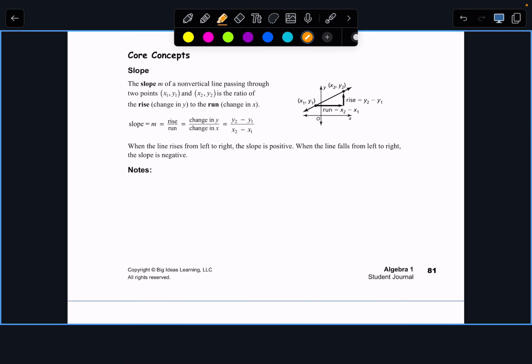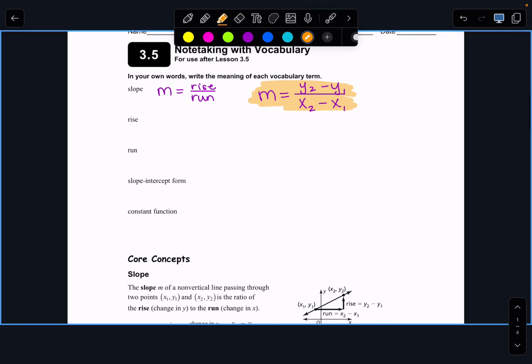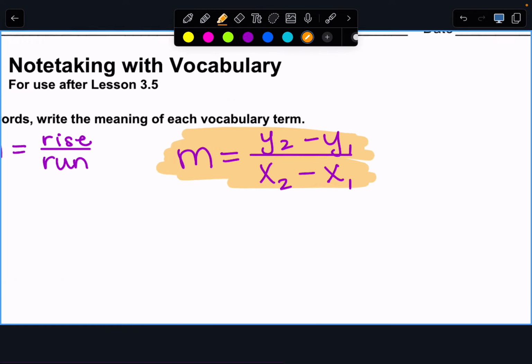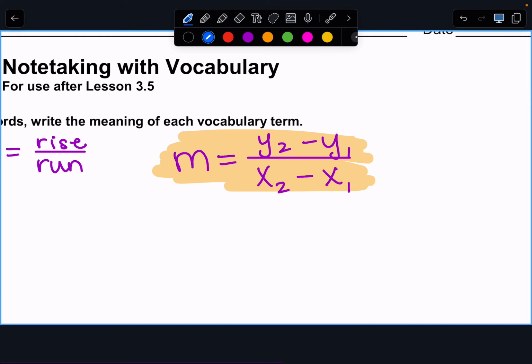What do you mean by the two y coordinates? So if I have 2 points like x, comma y, and x, comma y. Two dots, y's.